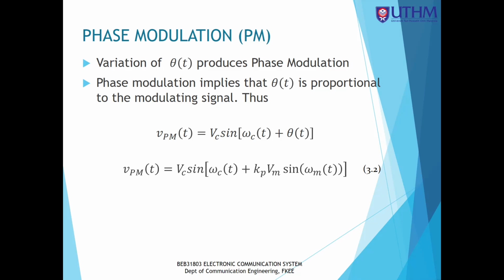Okay, so for phase modulation, from the general equation, Vc sine omega ct plus theta t, the phase modulation equation becomes Vc sine omega ct plus, we can change theta t into Kp Vmt, which is Vm sine omega mt. So this is 2 pi fm t.